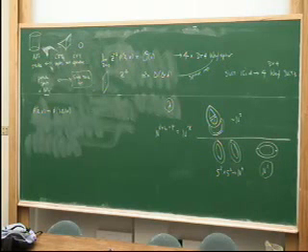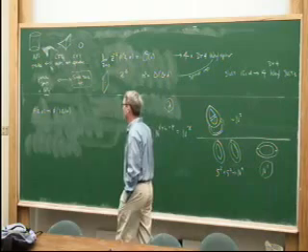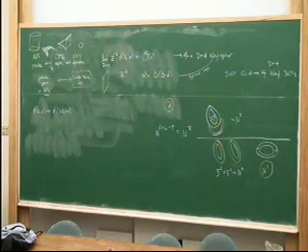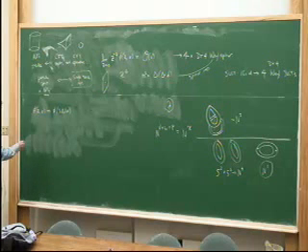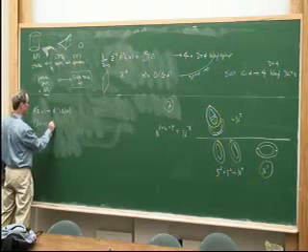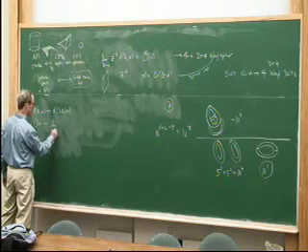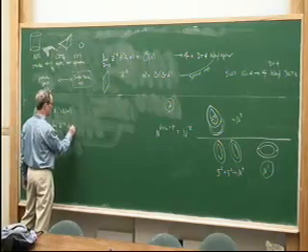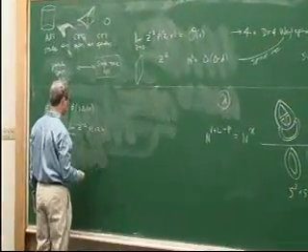So if you take the way a scale transformation acts on a scalar field in the bulk and plug it into that dictionary, you find that this takes O of x to the limit z goes to 0 of z to the minus delta, phi of lambda z, lambda x.